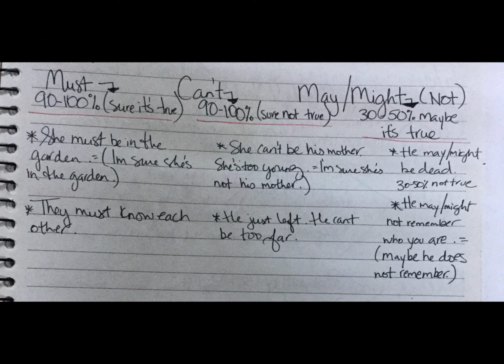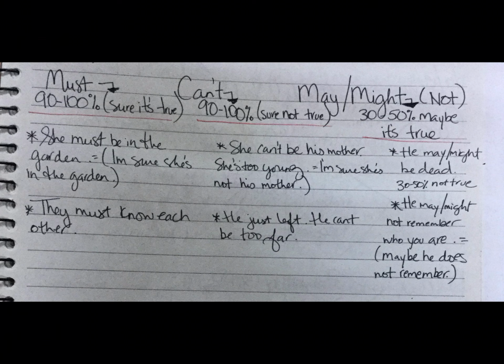When we use can't in a sentence, we need to know that we are 90 to 100% sure it's not true. When we say she can't be his mother, we are 90 to 100% sure that this is not his mother. She's too young. I'm sure she's not his mother.